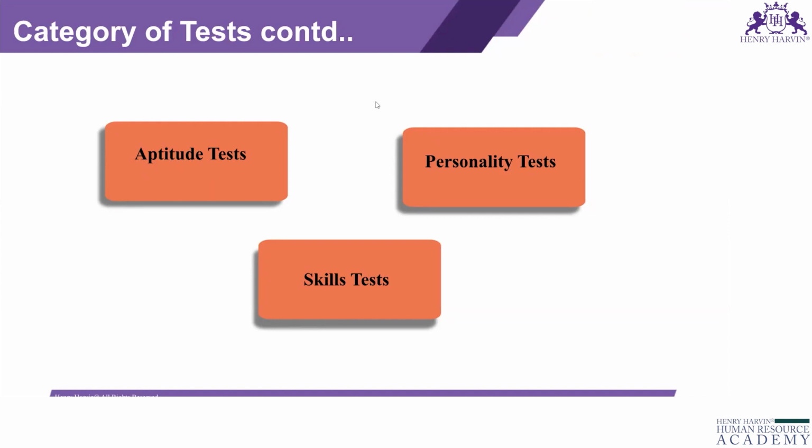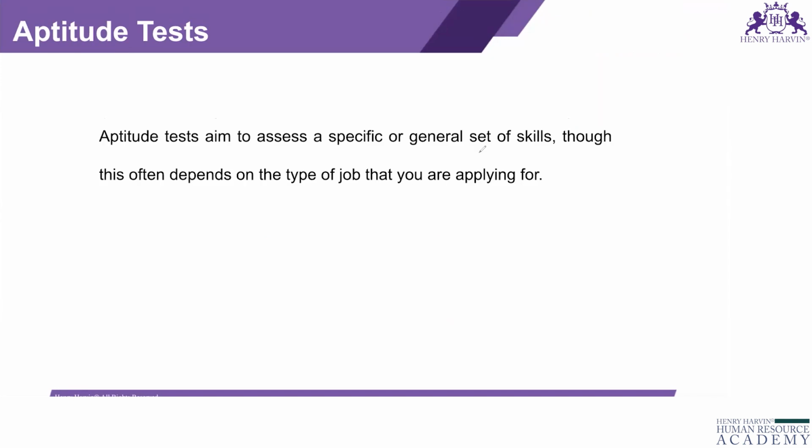Aptitude tests aim to assess a specific or general set of skills, though this often depends on the type of job that you are applying for. So the aptitude test will be different for different positions. Based on the requirement, based on the skill set of that particular job, we will include that particular aptitude test.